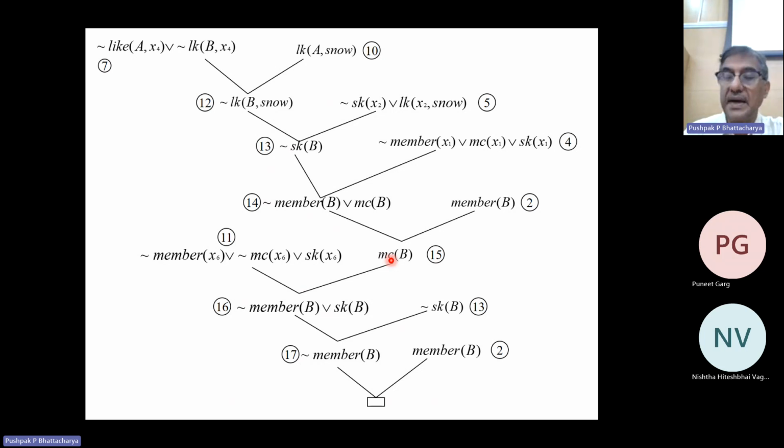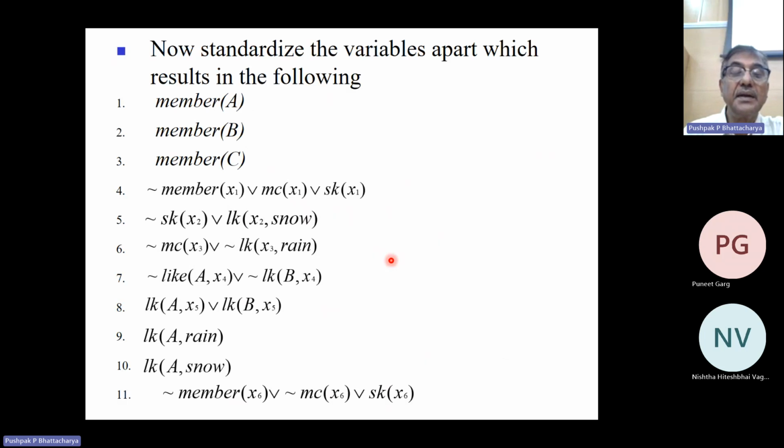What is happening is that if we assert that there is no member in the club who is a mountain climber and not a skier, if we say this is true, then it leads to internal contradiction. The system becomes inconsistent.